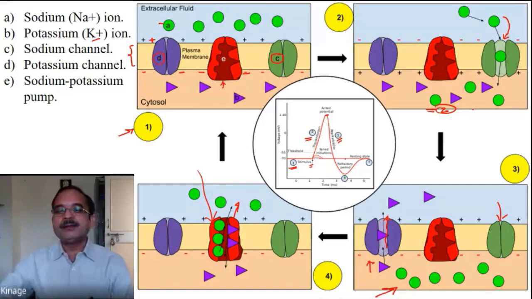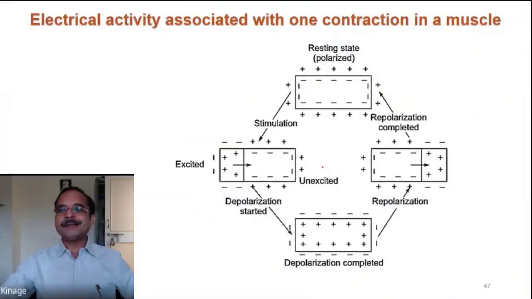After that, the cell again reaches a resting state, and it is ready for the next cycle. So this is what happens during the complete cycle of the action potential. Again, this is the resting state, that means it is polarized, inside is negative.